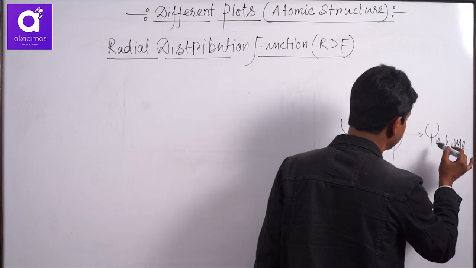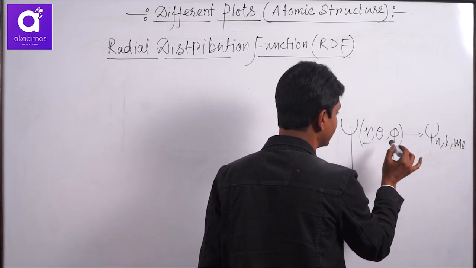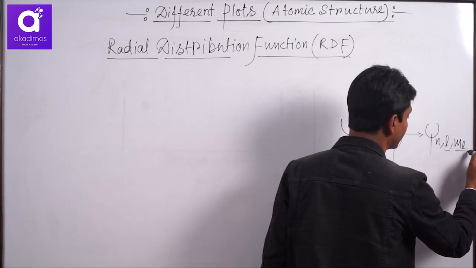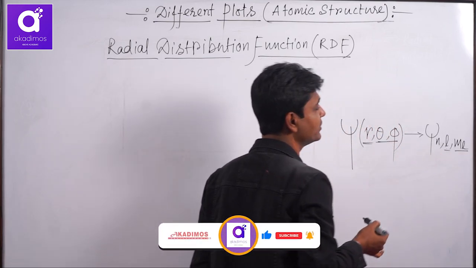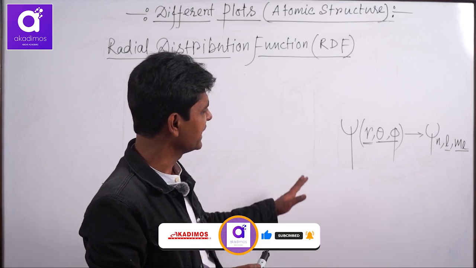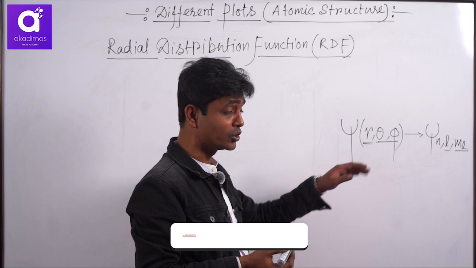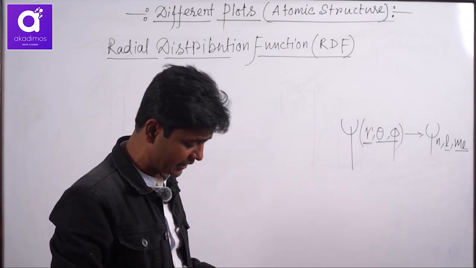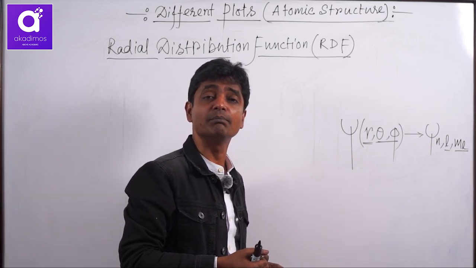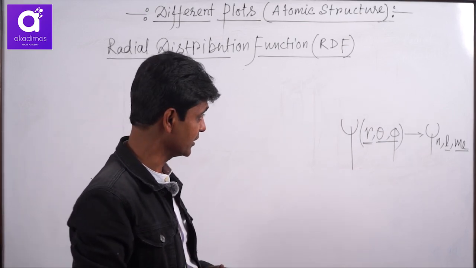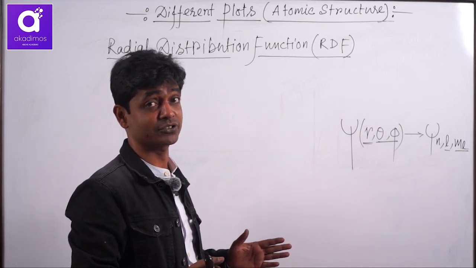I told you n is the representative of the radial coordinate, l and ml are the representatives of the angular coordinates. By any representation technique you can use. Now it has no direct physical significance. It will just give an idea about the amplitude of the matter wave, and matter wave, remember, is different from the electromagnetic wave.